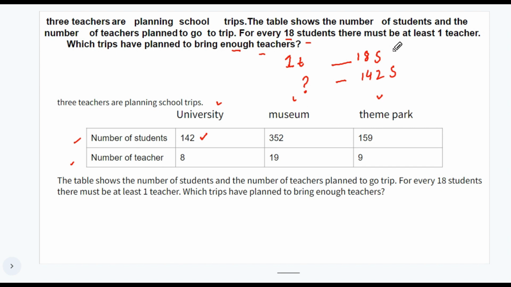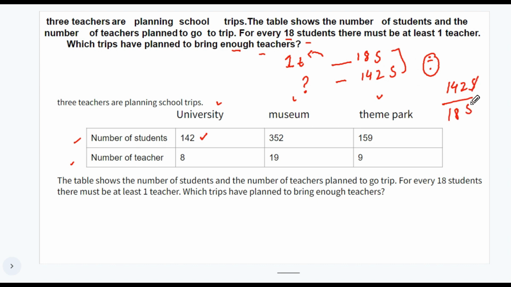Okay, so when you have the same unit, students, and you need to go to a different unit, what do you do? You always divide. But here we need to find the number of teachers for 142 students. What do we need to do? We need to divide total students by the number of students for one teacher.